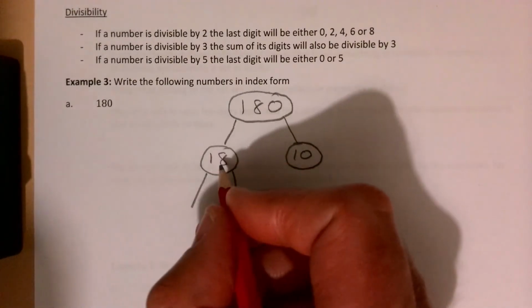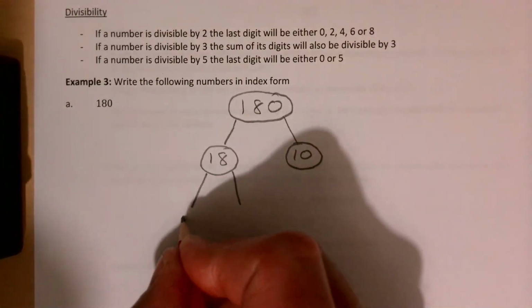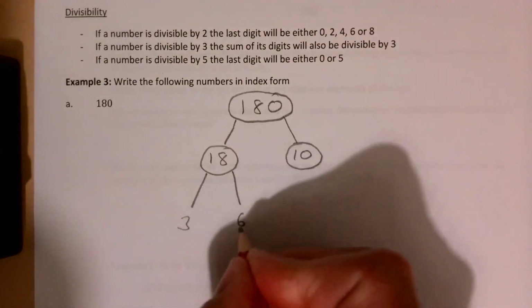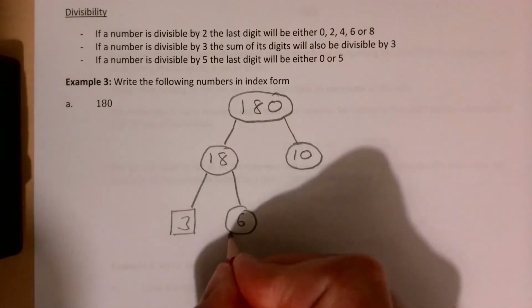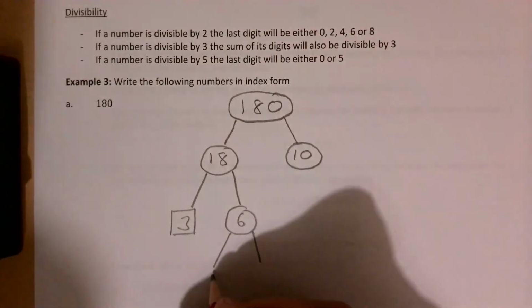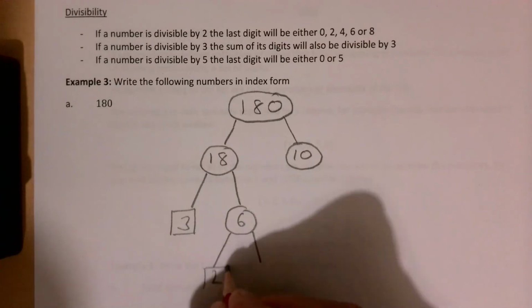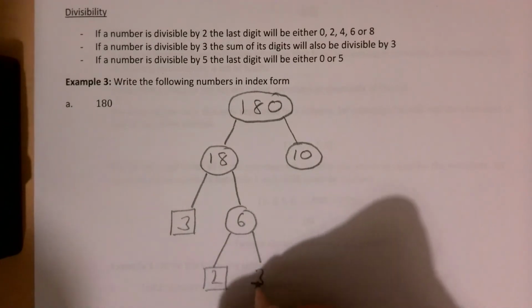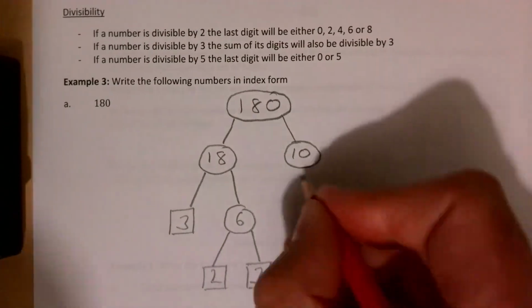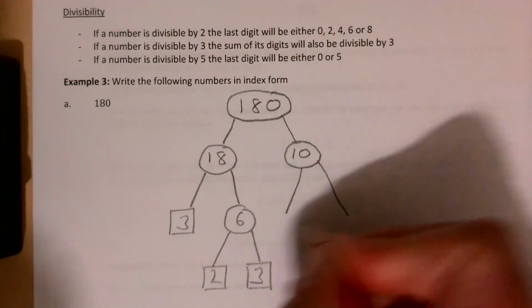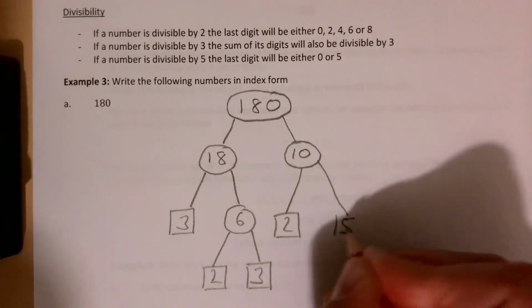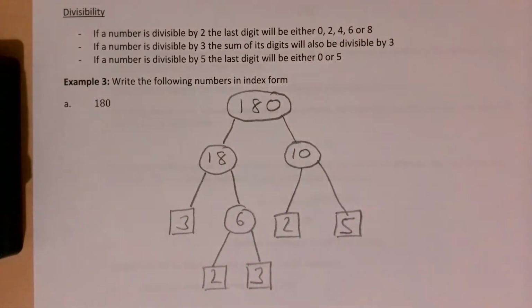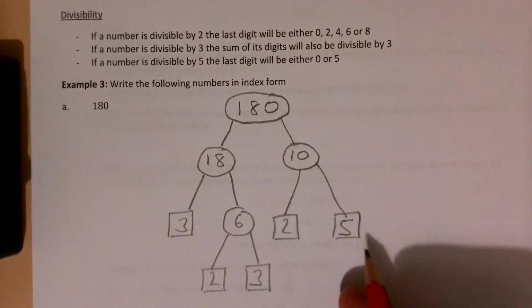What do you want to do here? Let's go for 3 and 6. This one's prime, this one's not, so we keep going. That's 2, that's prime, and that's 3, that's prime. 2 and 5, again all of those are prime. So what do we have? Let's look at all the squares.